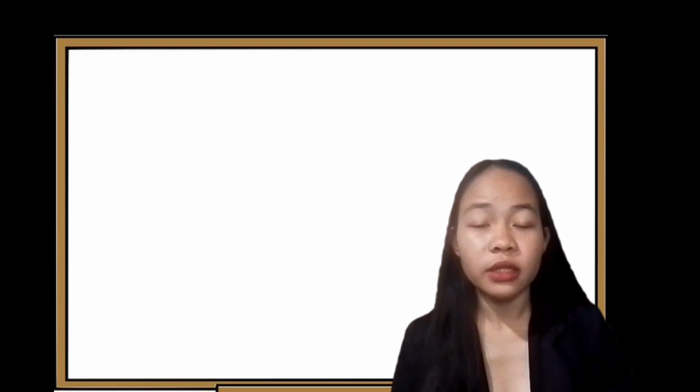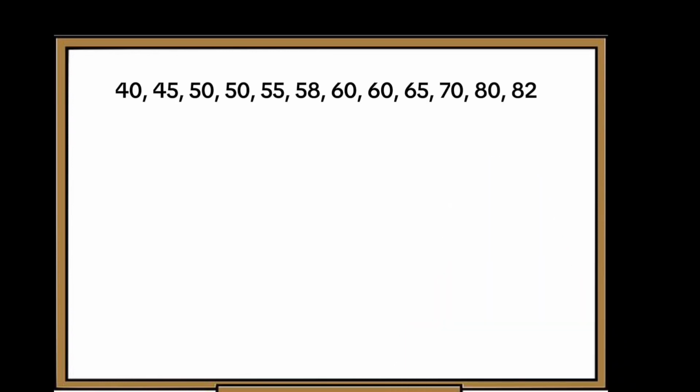So in ascending order, we have 40, 45, 50, 50, 55, 58, 60, 60, 65, 70, 80, and 82. Then we count the data: 1, 2, 3, 4, 5, 6, 7, 8, 9, 10, 11, 12. So we have 12 data.